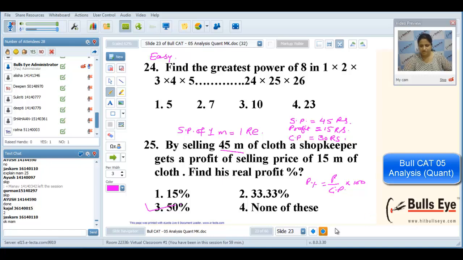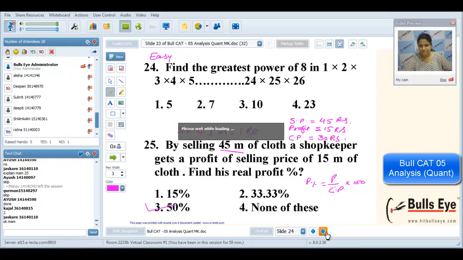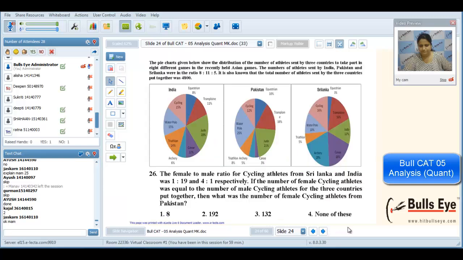Okay. Now the next question. Again, calculation sum. Any problem in any of the question? Okay.